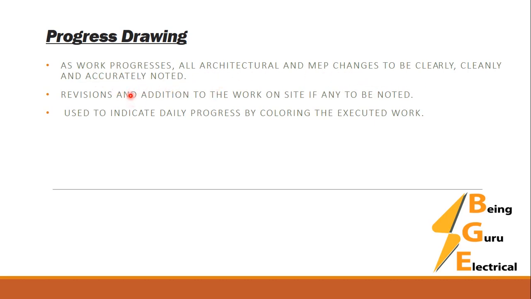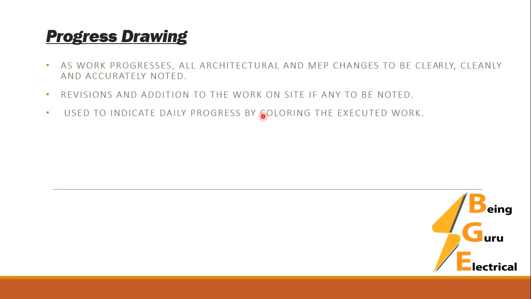Those drawings will be called progress drawings. The revisions and additions to the work on site, if any, are to be noted. If there are any changes to the drawings, they should be mentioned on the drawing and noted with date. Also if there is additional work, it can be signed by the one who approved those changes. So this is the basic theme of the progress drawings.